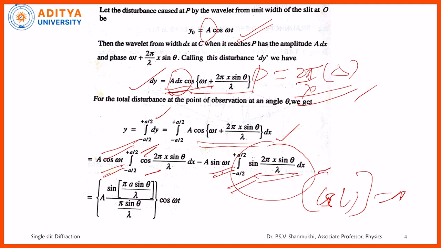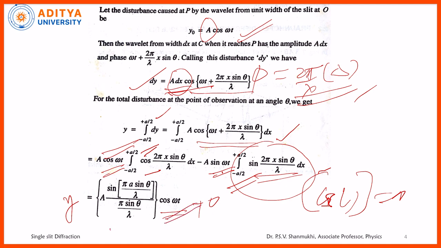Simply you will get 0 here. And the integral of cos nx dx means sin nx by n. Substituting the limits minus a by 2 to a by 2, we get y is equal to a into sin(pi a sin theta by lambda) by (pi sin theta by lambda) cos omega t.